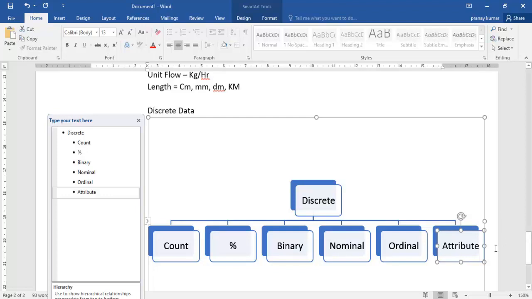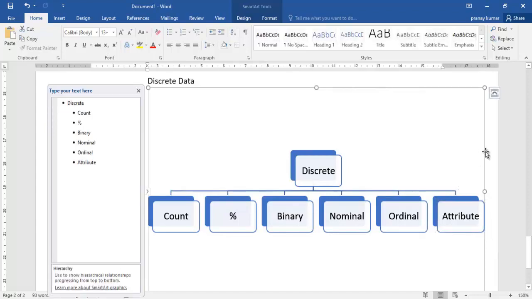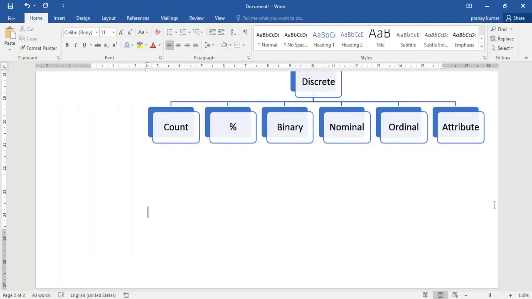And unless you are able to clearly categorize your data into continuous and discrete, and into these 6 heads, you will often make mistakes in choosing the right hypothesis test. So it is extremely critical that you work at identifying your data type before you delve into the tests deeply.